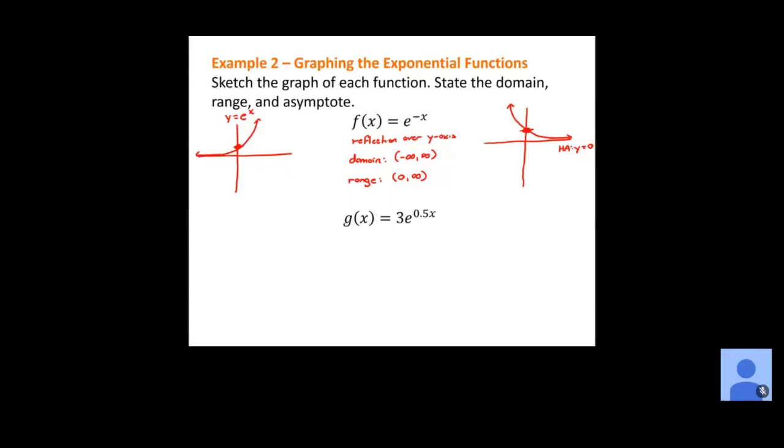So let's talk about the transformations first, and then we'll think about the graph. What type of transformations do we have this time?